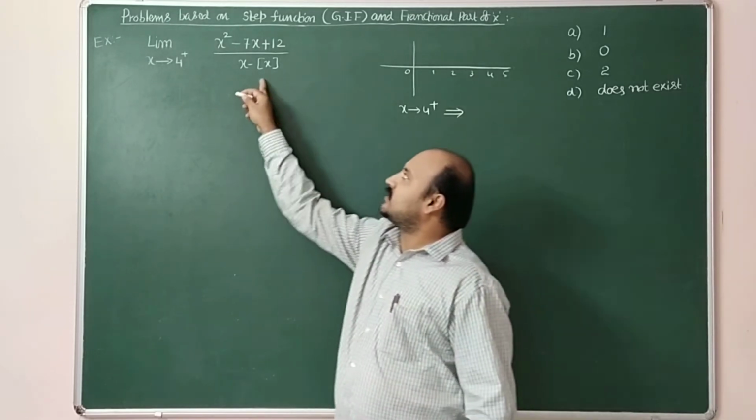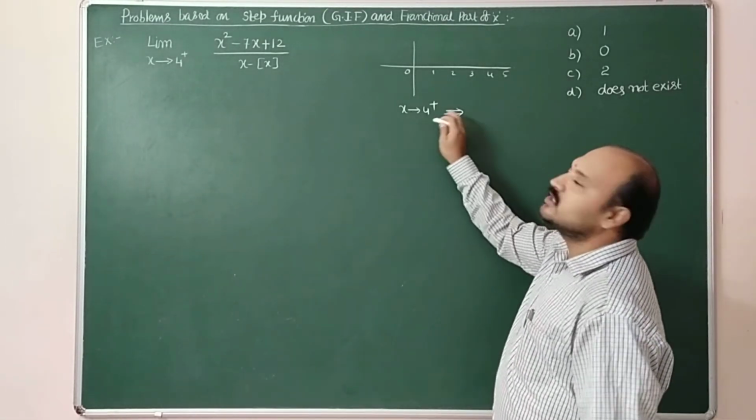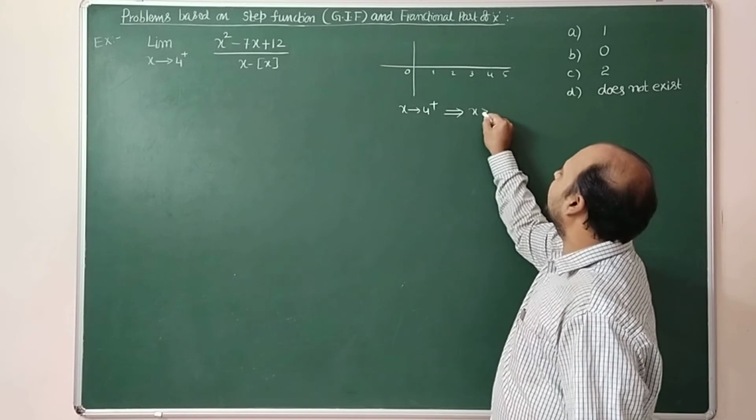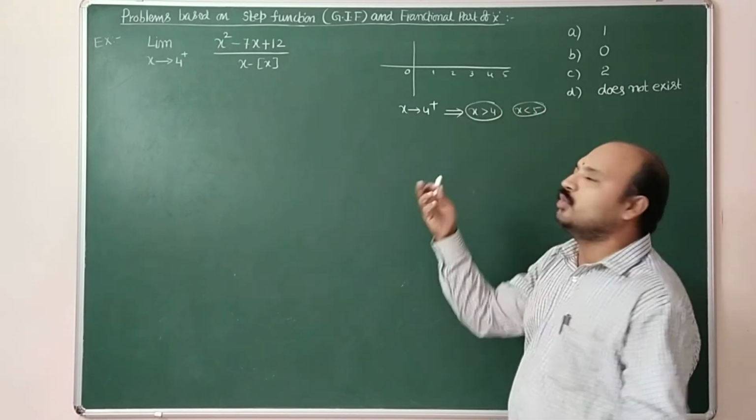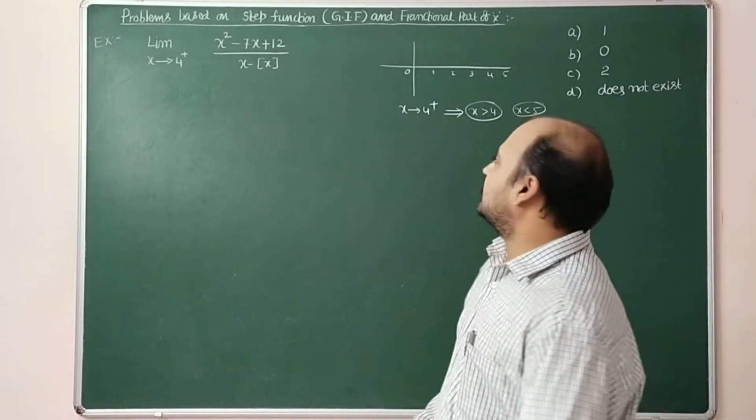When you consider the step x function, x tends to 4 plus means x is greater than 4 and less than 5. In between you can take that value.